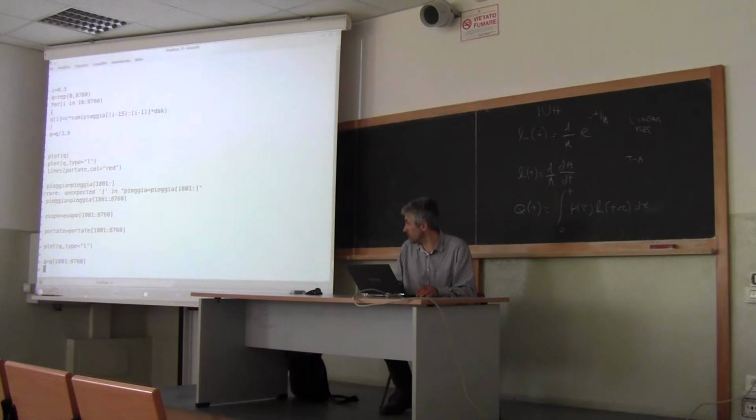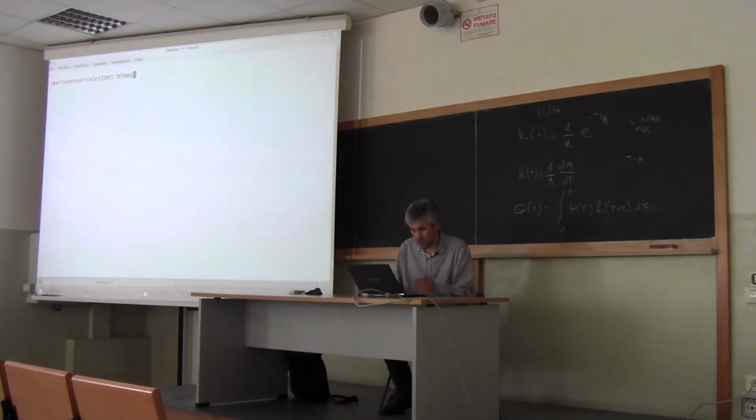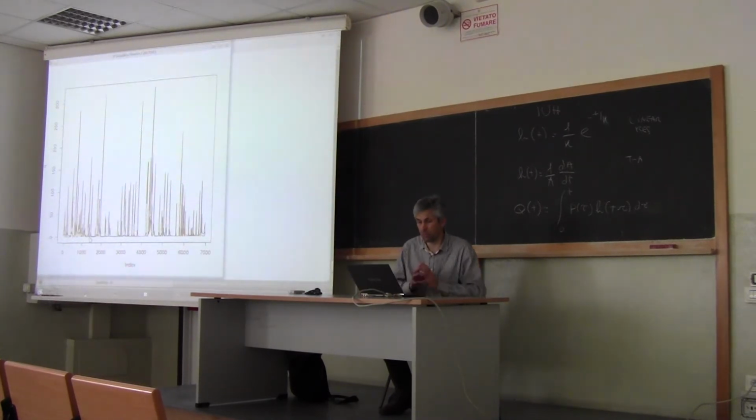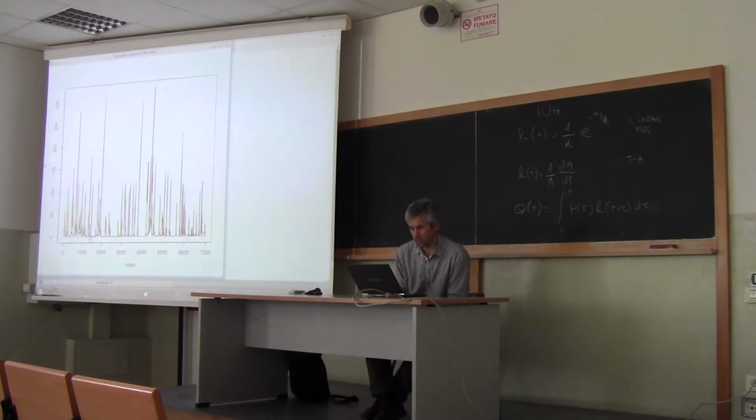Okay? Now I reduced everything, let me redraw the plot. Here, and then I put the lines, and then I move back to the plot, which is here. Okay, we removed the first part. Now we see that the fit seems to be reasonable over the whole hydrograph.